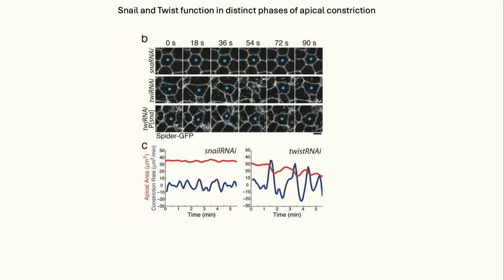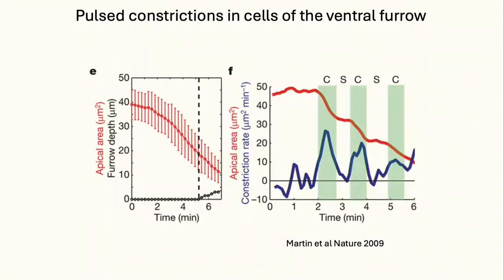The twist knockout, is it trying to recover the geometry? Because the red line seems to be going up. So again, we just compare it to the control right here. We have a constriction phase and a stabilization phase, a constriction phase and a stabilization phase. In the case of twist, you do have some constriction and then again it comes back.